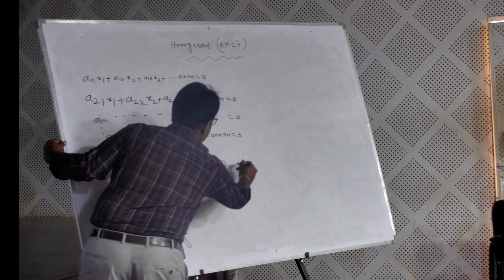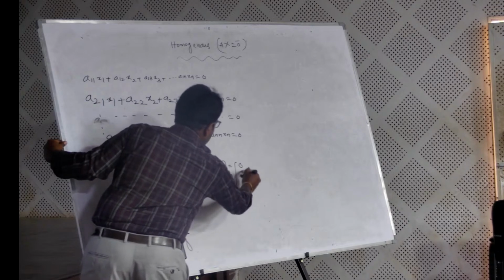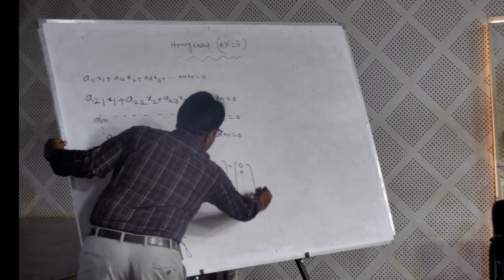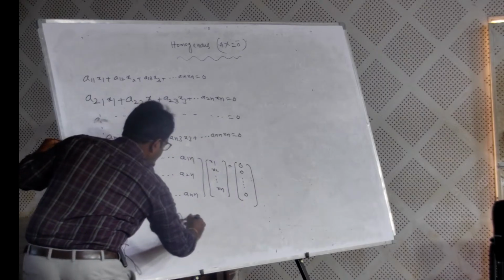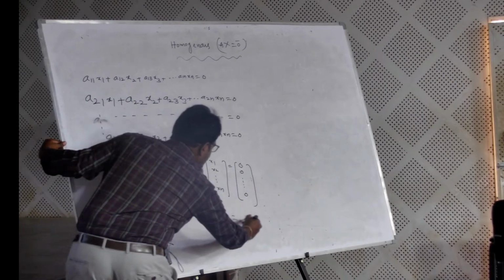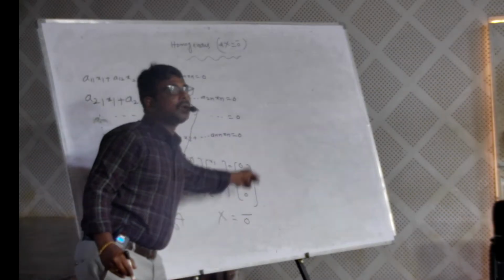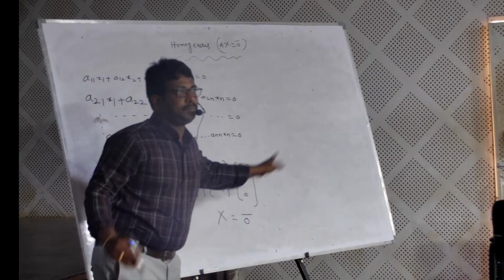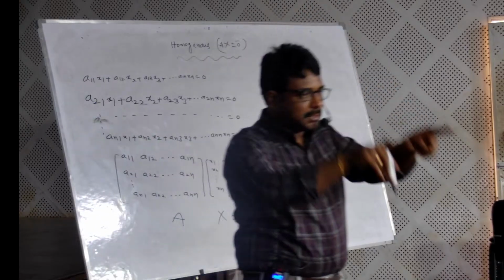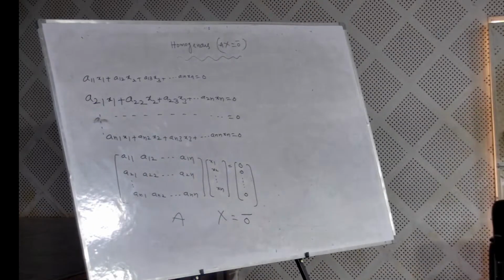What is on the right? 0, 0, 0. This is in which form? Ax equal to 0 bar. 0 bar is a column vector of zeros. 0 bar is nothing but a zero column matrix.